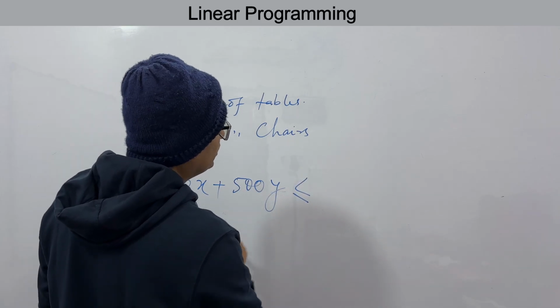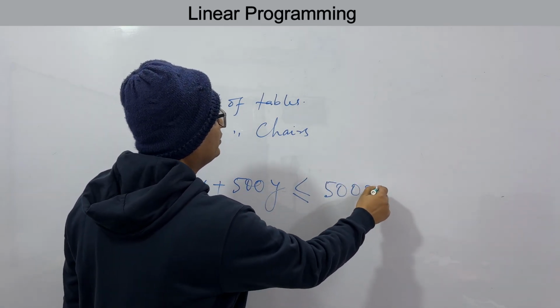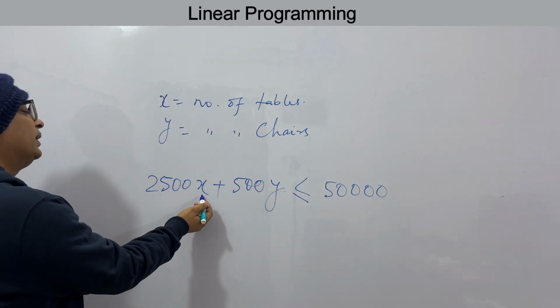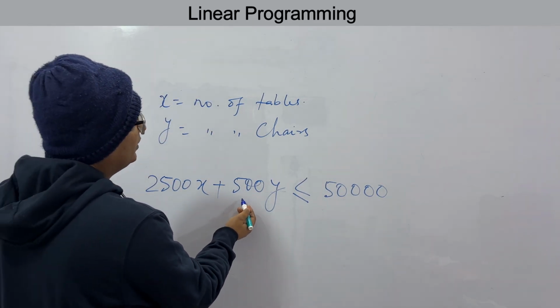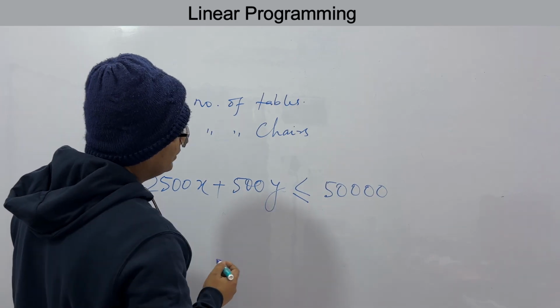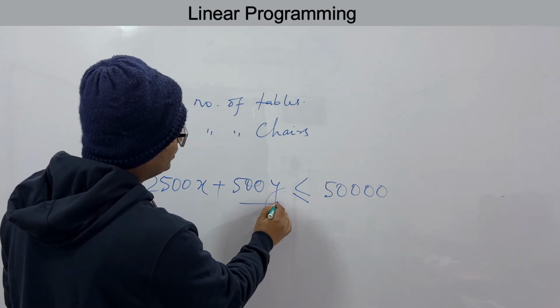It has to be less than, or at the maximum it can be equal to 50,000 because this is our limit on investment. If we buy x number of tables, so x into 2500 will be the cost, and if we buy y number of chairs, then 500 into y, this will be the cost of the chairs.